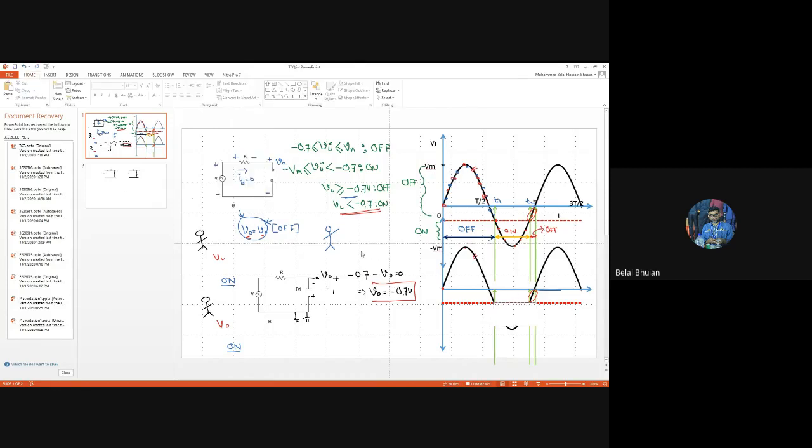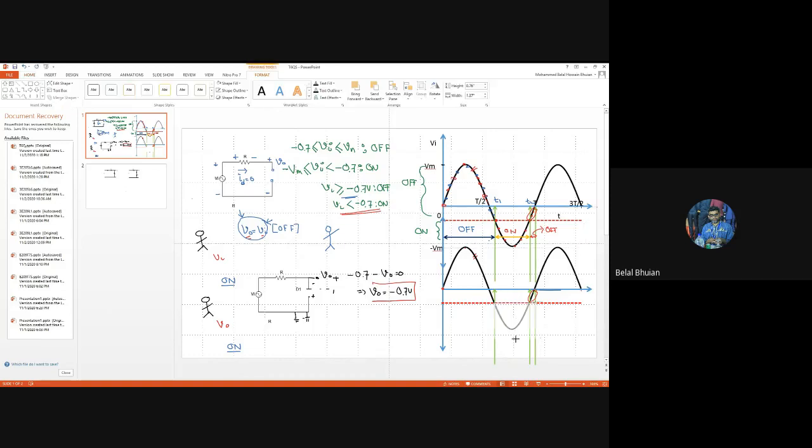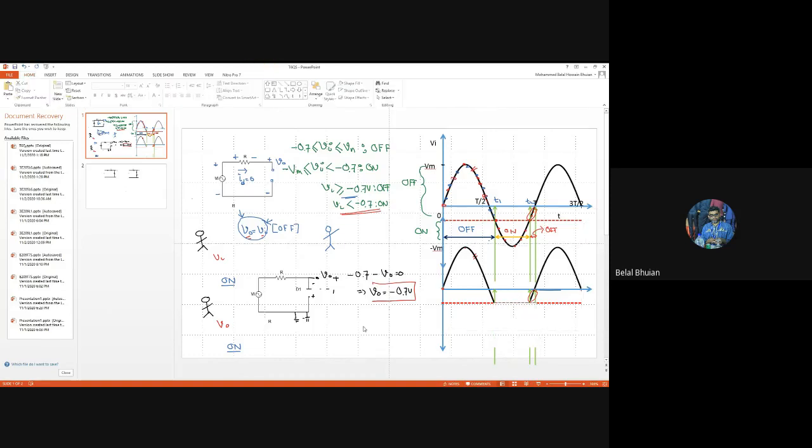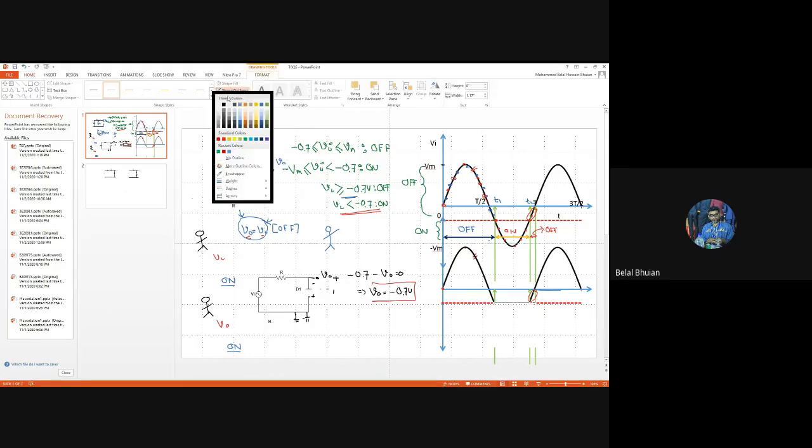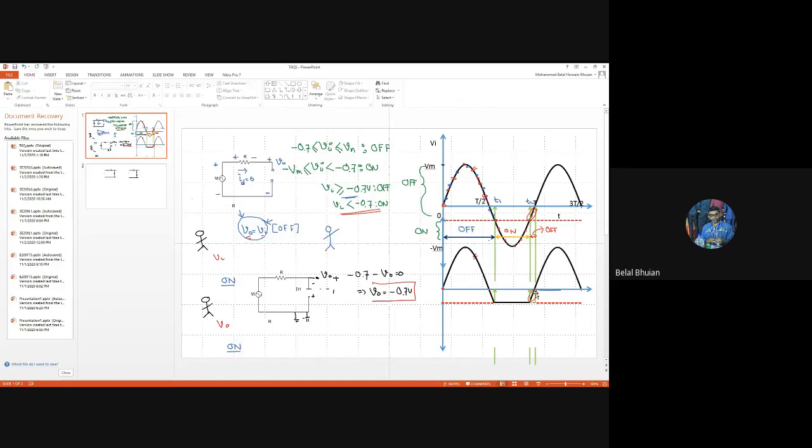Then we draw another line. So this is our output, with the value minus 0.7.